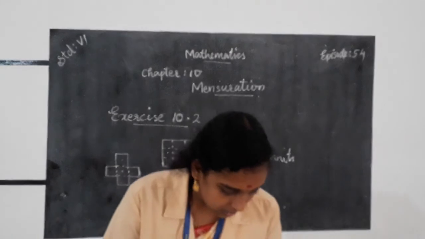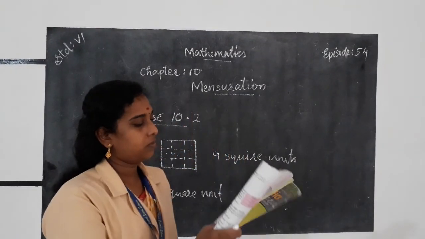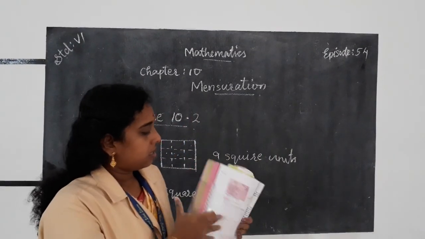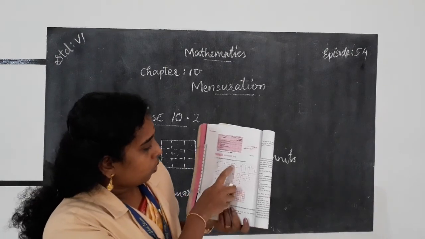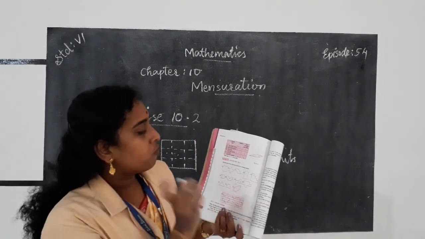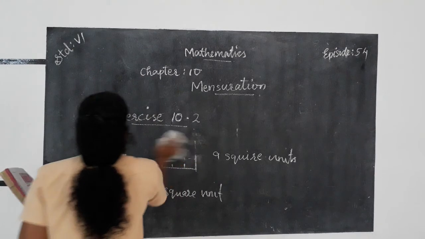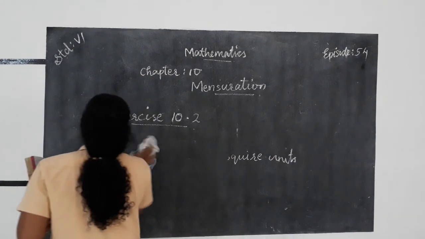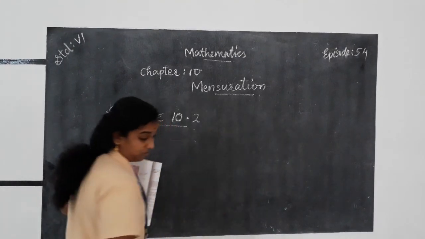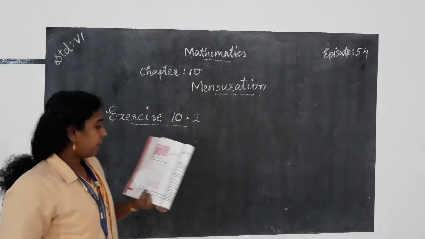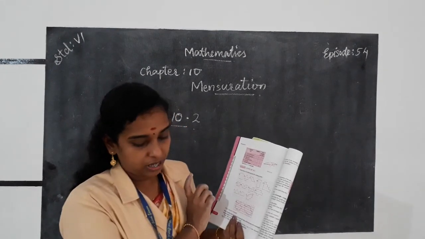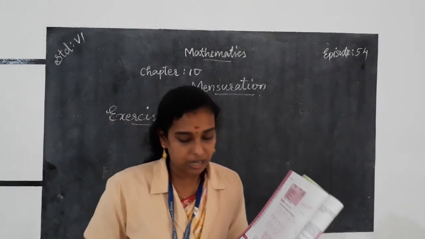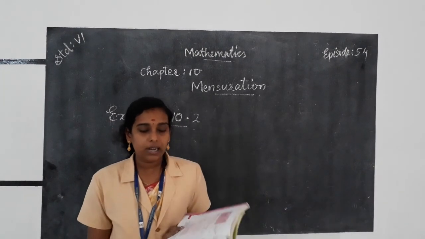Then the next figure is like this. You can see that there are 2 fully filled squares and 4 half filled squares.